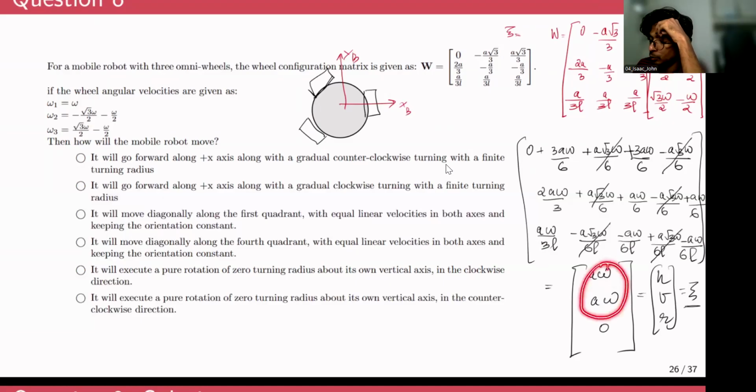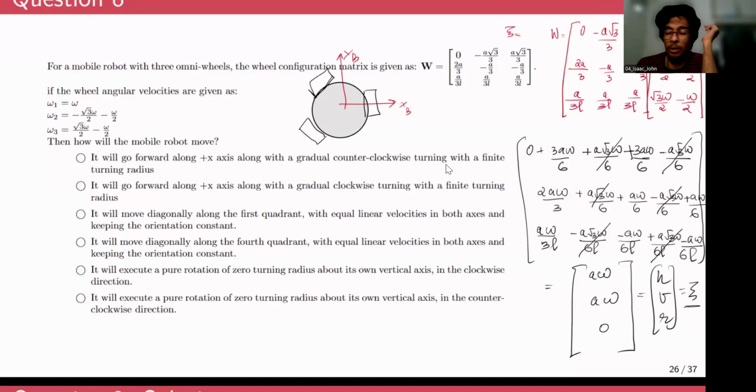Both are of equal magnitude and both have the same sign. So that makes the robot's trajectory diagonal. Equal velocity along xb and equal velocity along yb, so that the robot will move in a diagonal way with equal velocities.